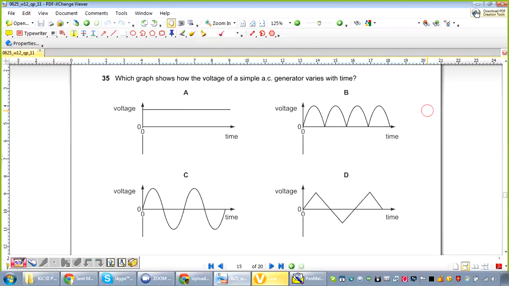Is it C? That's right. Okay, always you are going to get this kind of diagram for an AC generator. Yes, sir.